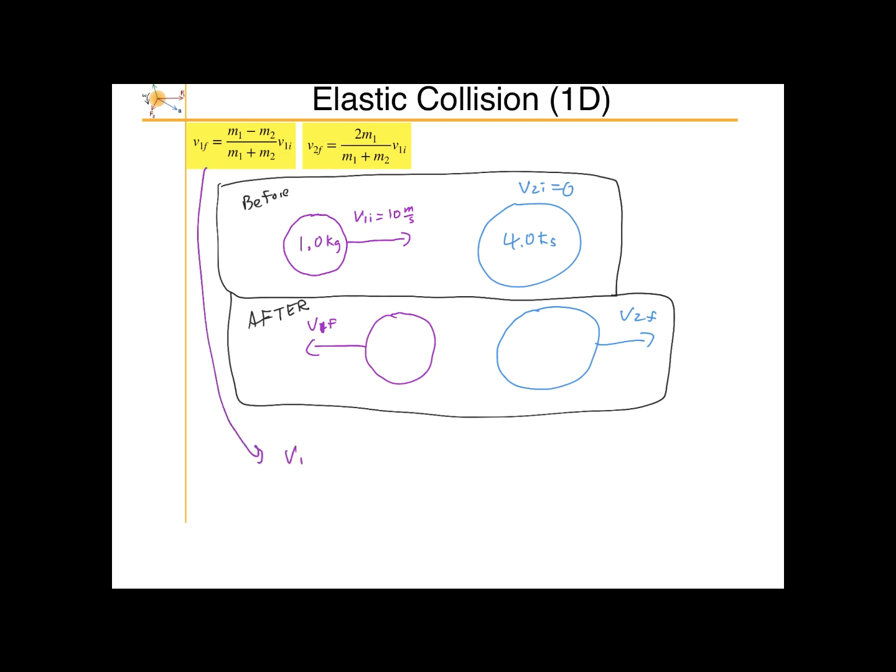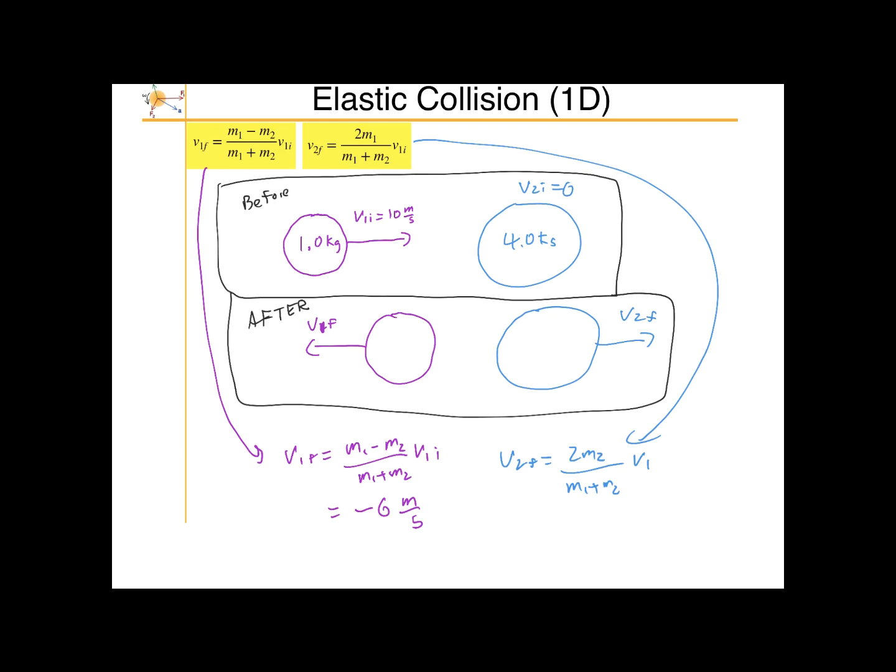So V1 final will be M1 minus M2 over M1 plus M2 times V1 initial, and we plug them in, we get about minus 6 meters per second. And for V2 final, it's just 2 times M1 over M1 plus M2 times V1 initial. And when we get that, we get plus 4 meters per second.